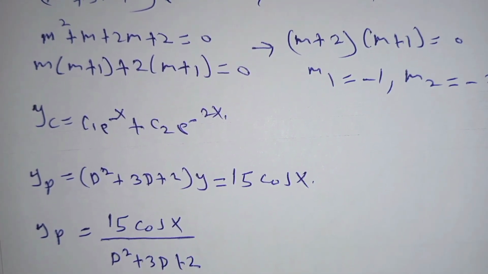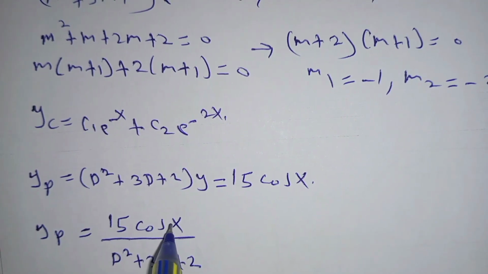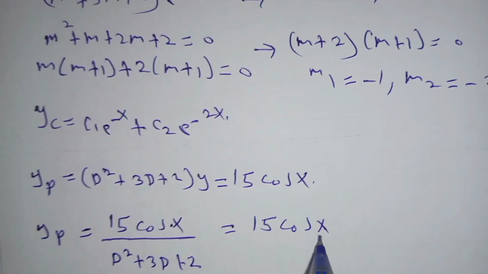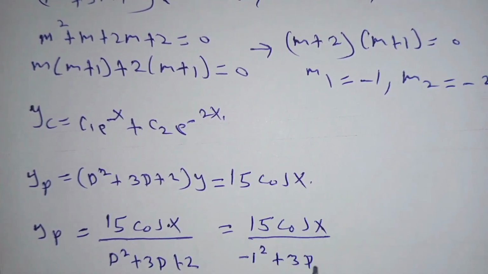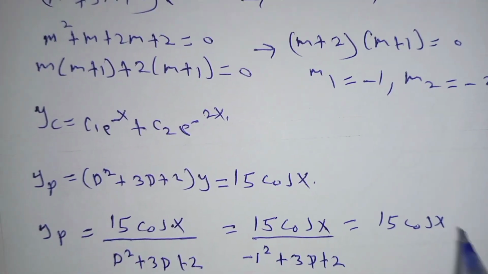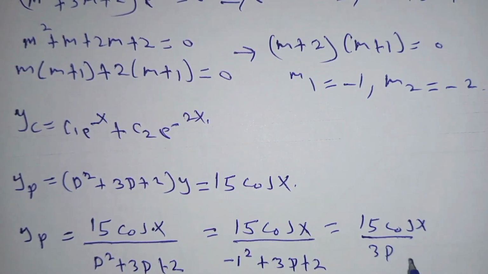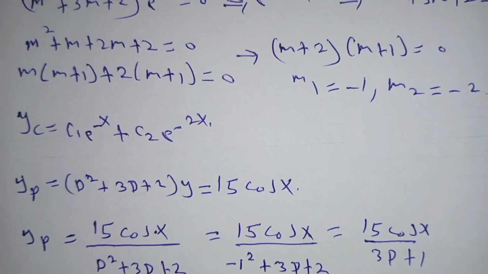Then, where you have D squared, you substitute with -1, since the constant there is -1. So we will have 15 cos of x over (-1) plus 3D plus 2, which is equal to 15 cos of x divided by 3D plus 1, because this is -1 plus 2, which gives you plus 1.